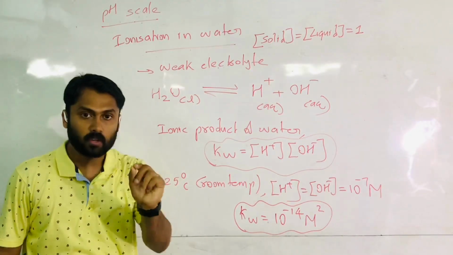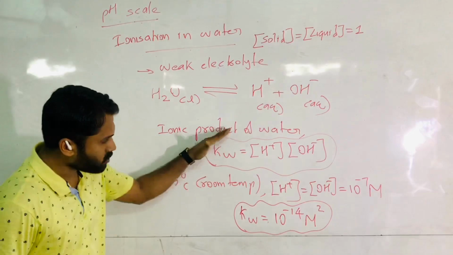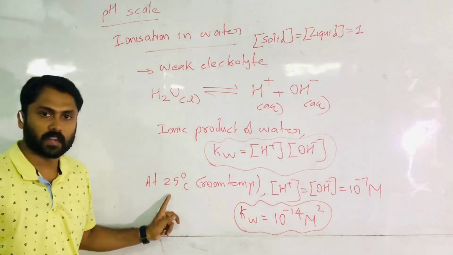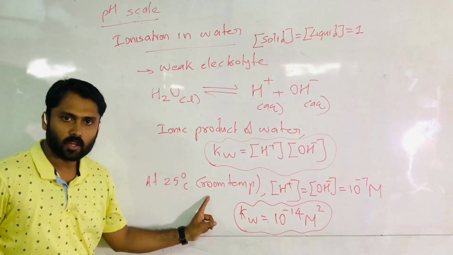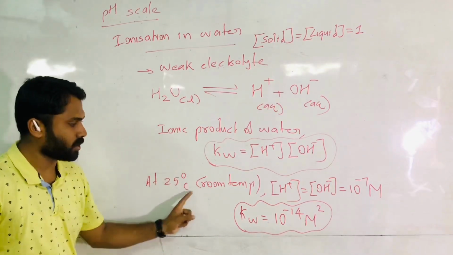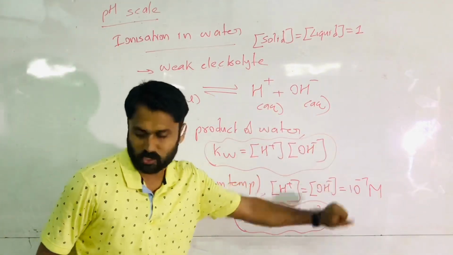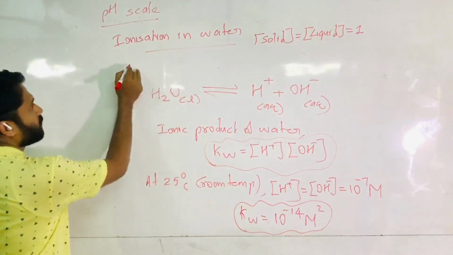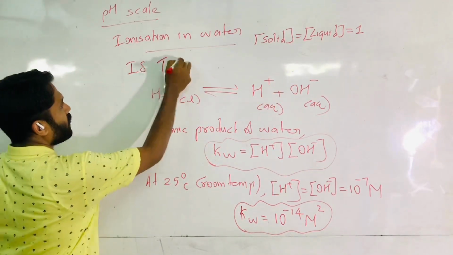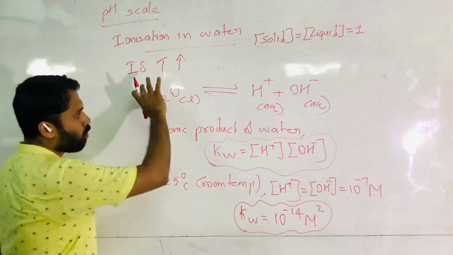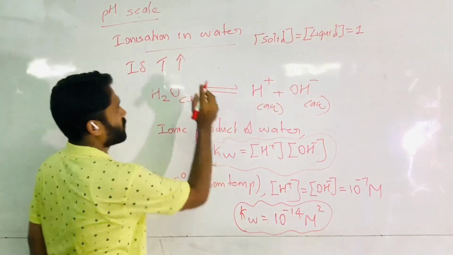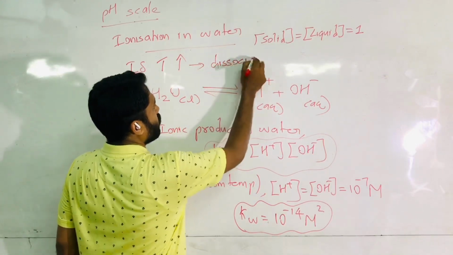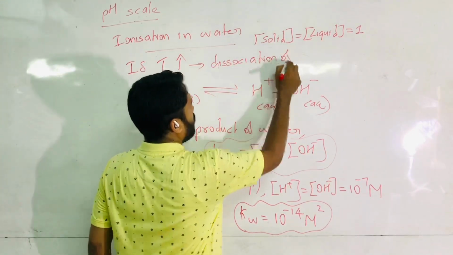But we should have a strong idea that these values are applicable at 25 degrees Celsius, that is our room temperature. If temperature changes, all these values also change. Consider, if we increase the temperature, more water undergoes dissociation. That is, dissociation of water increases.